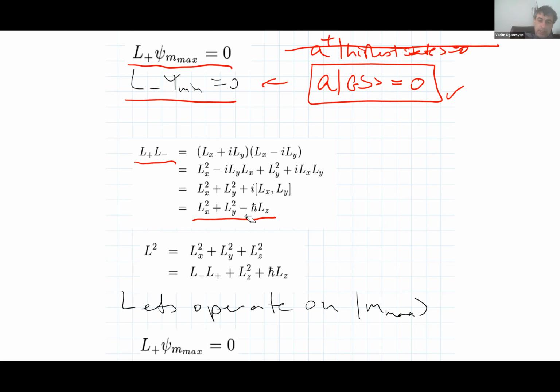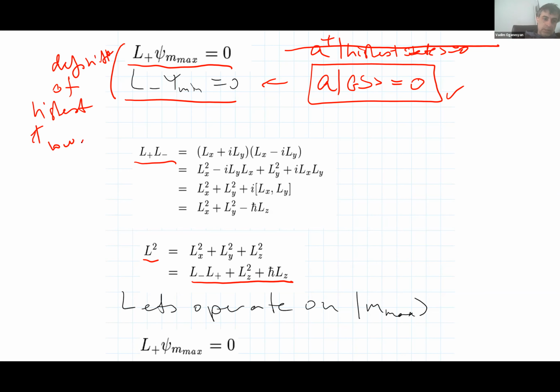It turns out that L plus and L minus, these raising and lowering operators, can be related directly to L squared, conveniently with LZ already in there, so it's easy. These are, in some sense, definitions of the highest and lowest states.